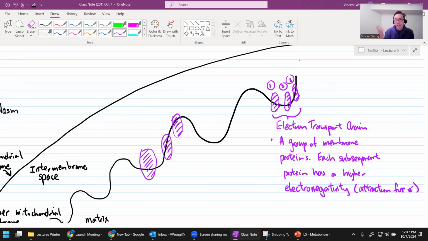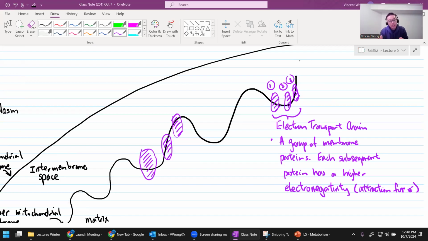Like, how much does it love electrons? If it loves electrons a lot, then we say it has high electronegativity. If it doesn't really want them, then it has low electronegativity. So basically, two loves it more than one, and three loves it more than two. This is the most important part, so listen carefully. If you give an electron to number one, number two will take it from one because it likes it more. And then number three will take it from number two because it likes it even more. And so it forms a transport chain for electrons.